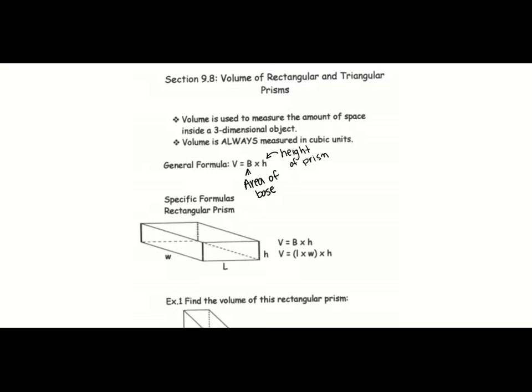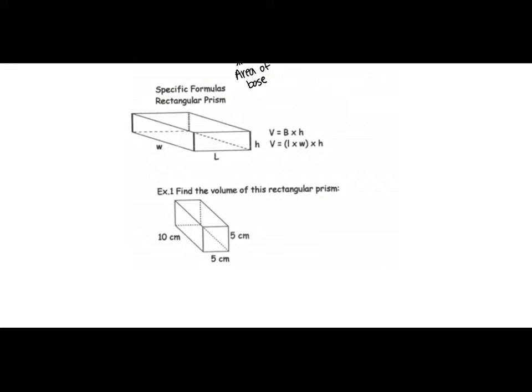Okay, so if we scroll down a little bit, we look more specifically at a formula for a rectangular prism. So here, for a rectangular prism, the volume of our prism is base times height, where our base is length times width, because that is the area of our base, and then times the height of the prism, which is the distance in between our two bases.